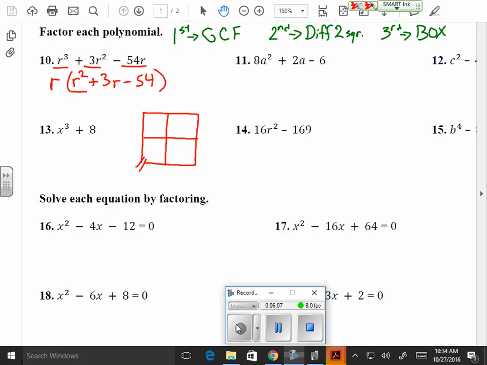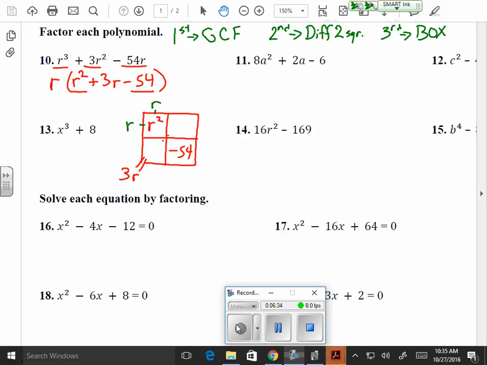This term goes here, the last term is here, and then I need these two terms to add together to give me 3r. This is going to be a multiplication box, so what times what can give me r squared? It's probably going to be r times r.